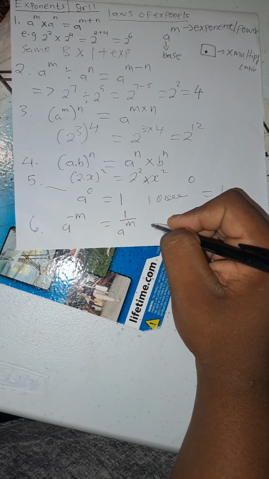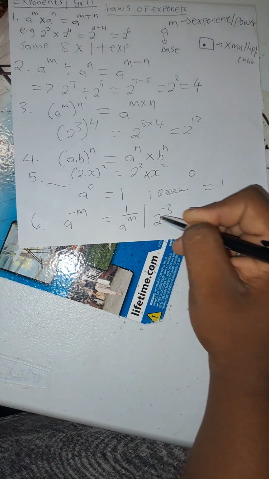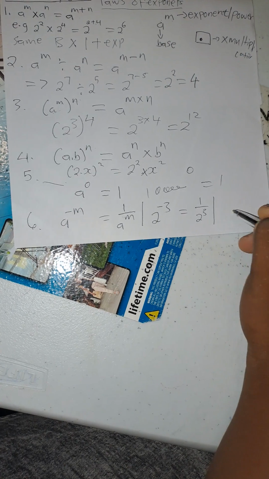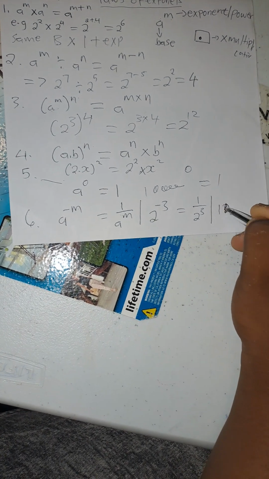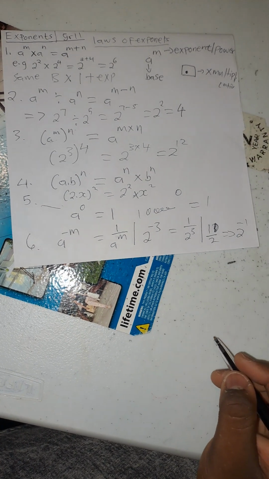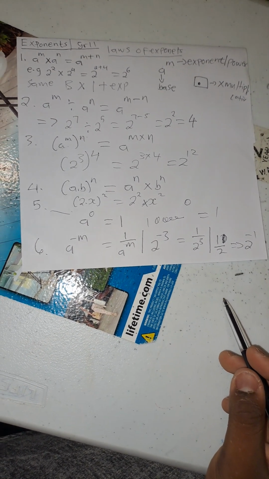The example there can be 2 to the power of negative 3, which will be 1 over 2 to the power of 3, or 1 over 2 to the power of negative 1. Okay, so guys, since you know the laws of exponents, let me check what I can do for you.